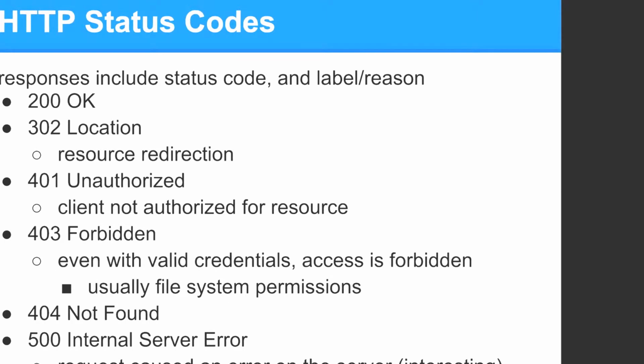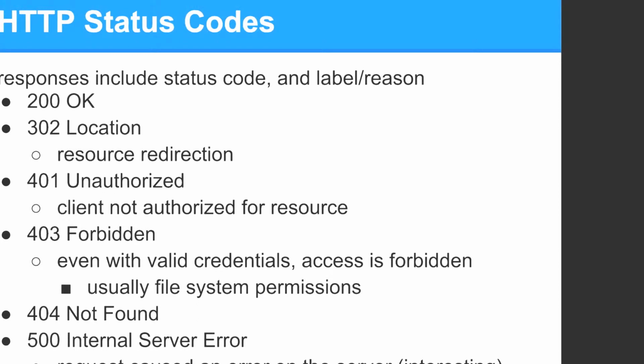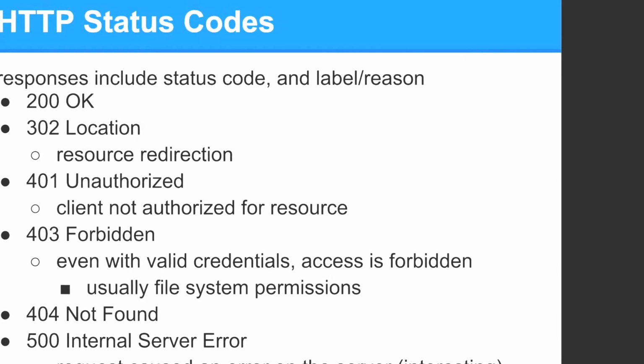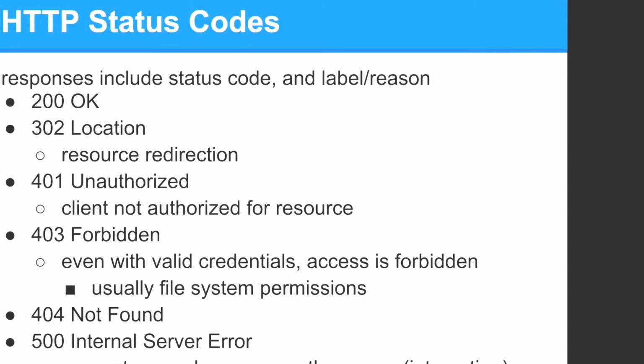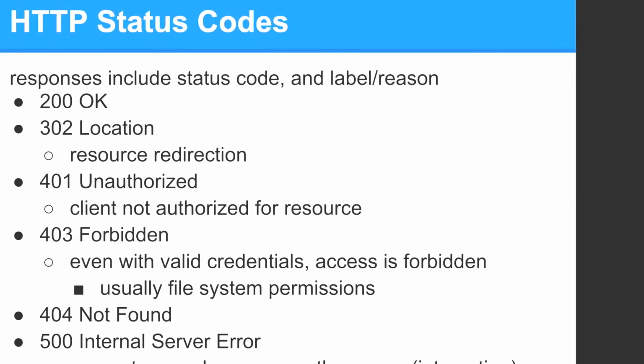You could see state as authorized versus unauthorized as being a state of the session, and that's commonly implemented in cookies. 403 is forbidden: even though you are authorized for the resource, access to that resource may be forbidden. For instance, on a Linux system, the file system permissions may be 000, in other words, no one has permission to do anything, so the web server cannot serve up that resource. 404, not found, and then the 500 series. Basically, something interesting has happened on the server, perhaps even a crash.